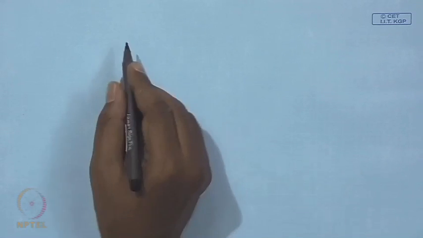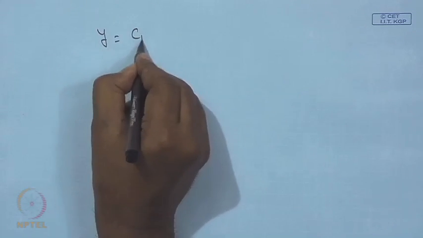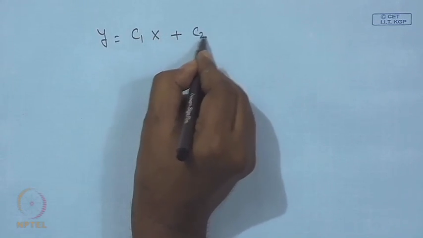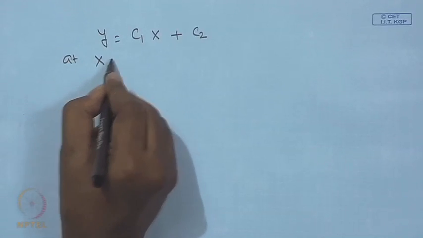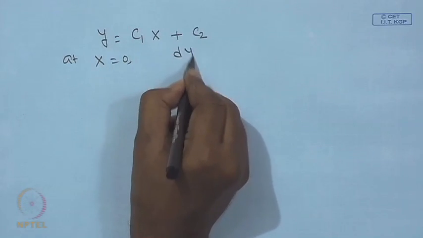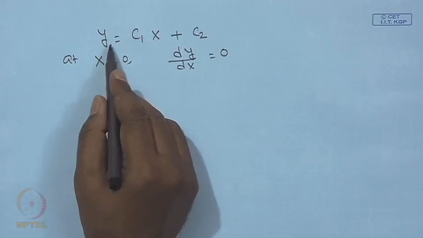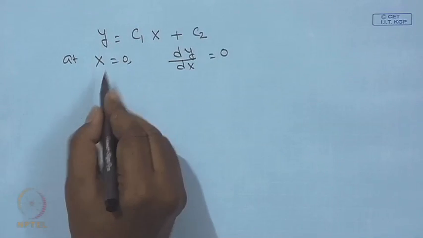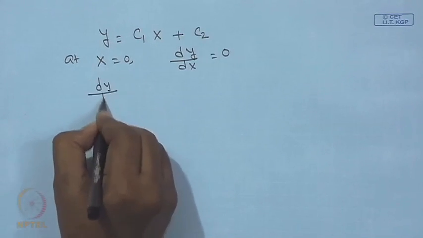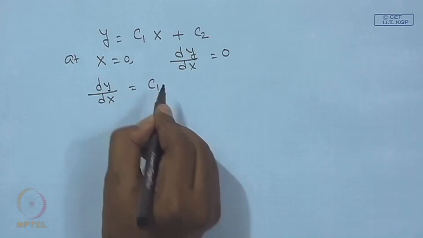Now, if we really do that, the solution is c 1 x plus c 2, and at x is equal to 0, dy/dx is equal to 0. If we evaluate dy/dx of this equation, dy/dx is nothing but c 1.